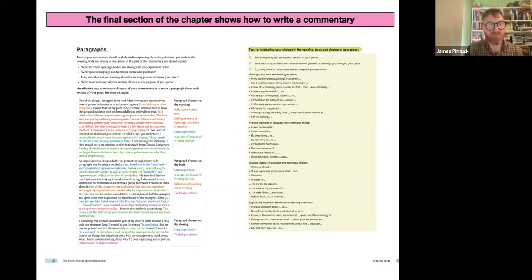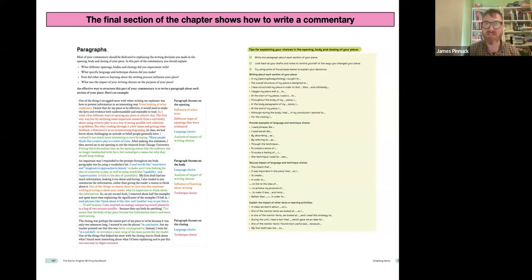Then the final section of the chapter has a section on how to write a commentary or explanation for a workshop piece. And this is different from the fourth edition because now we know that students only need to write a commentary about one piece they've written. The fourth edition has an example commentary about two pieces, but in the fifth edition, the example is just about one piece they've written.